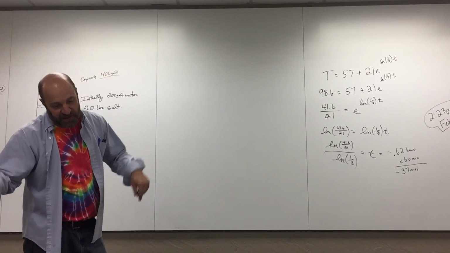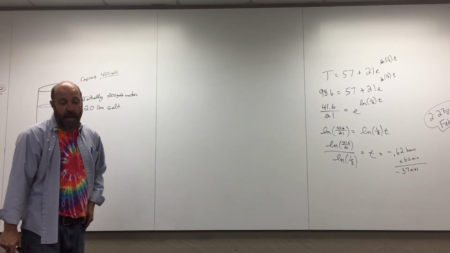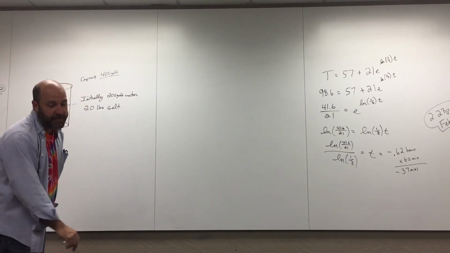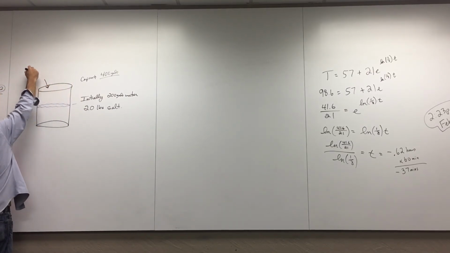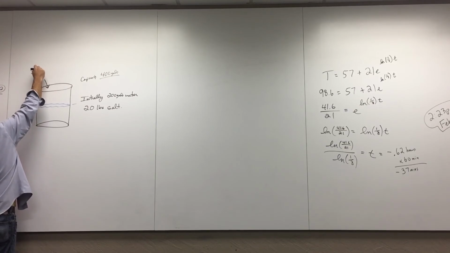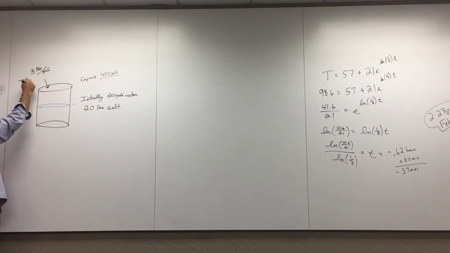Sally begins to add a concentration of 3 pounds per gallon at the rate of 7 gallons a minute. Okay. She's adding. This is coming in at 3 pounds per gallon at a rate of 7 gallons per minute. That's what's coming into this tank. It's a lot of salt.